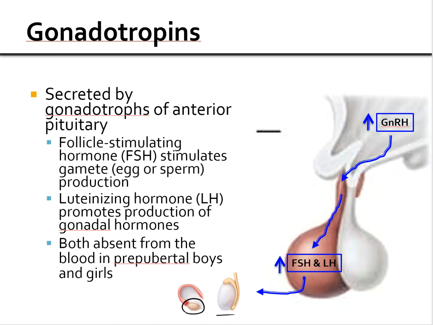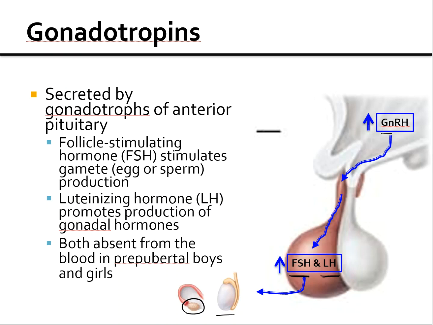These two hormones are FSH and LH, follicle stimulating hormone and luteinizing hormone. They're triggered by the release of gonadotropin releasing hormone from the hypothalamus. Even though they're both considered gonadotropins, they have varying effects on the reproductive organs.